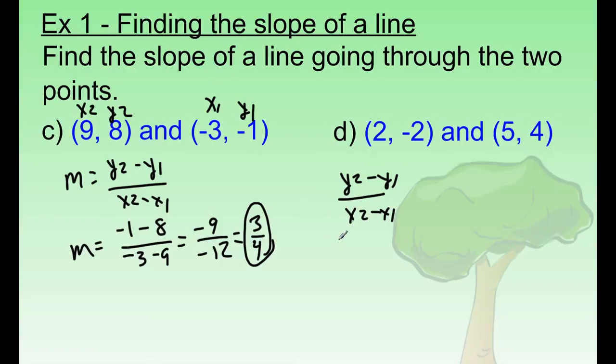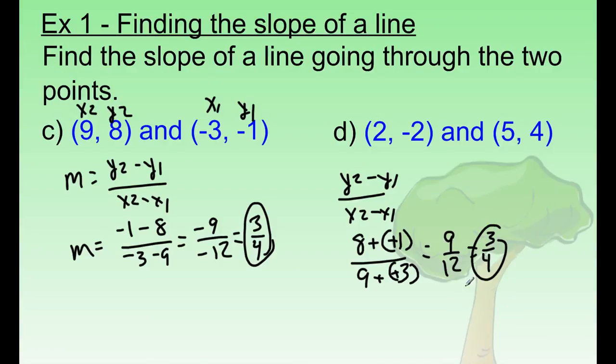So if I plug in the points from here, y2 is now 8 minus negative 1 and 9 minus negative 3. 8 minus negative 1 becomes a positive 9. 9 minus negative 3, keep flip change, becomes a positive 12 and simplifies down to 3/4. So we got the same answer both ways. But typically, I just use this is the first point, this is the second point. It helps out.